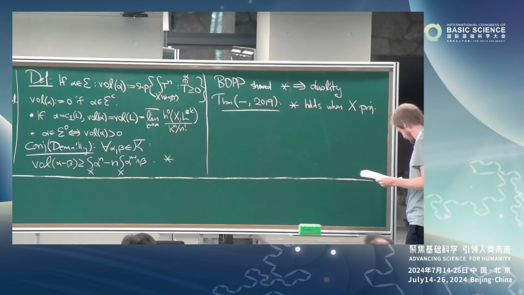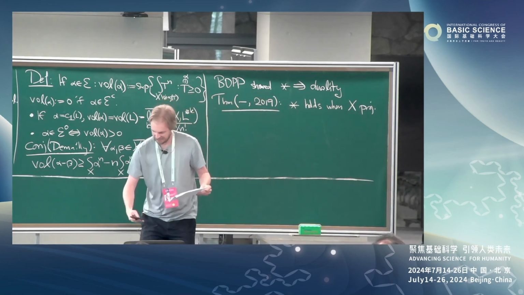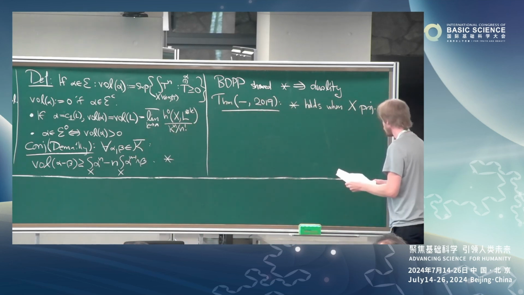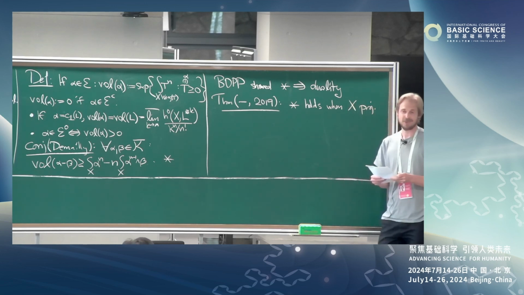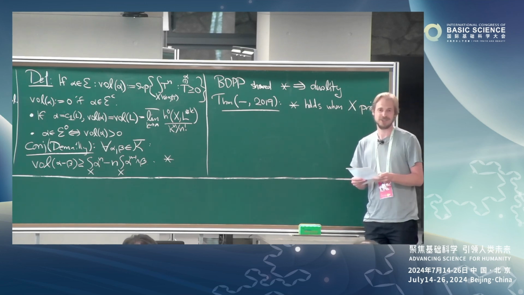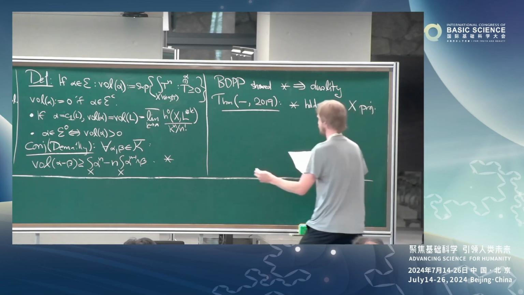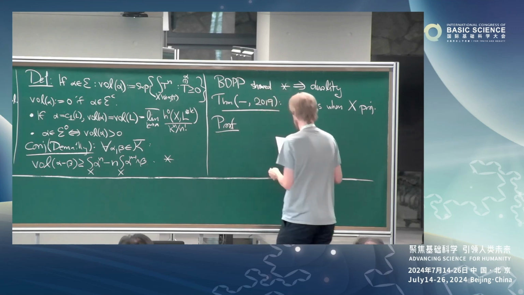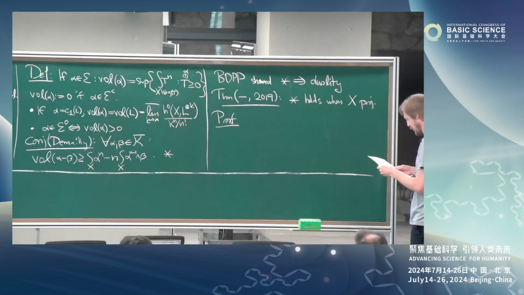Okay. So I will sketch the proof, and then I'll see how much time I have left afterwards, if any. Okay. So how would you prove that kind of inequality?